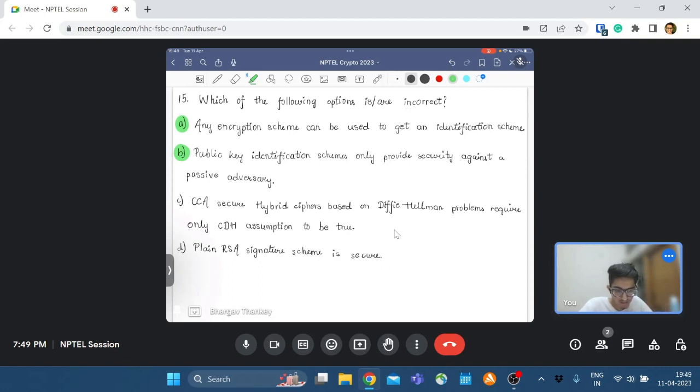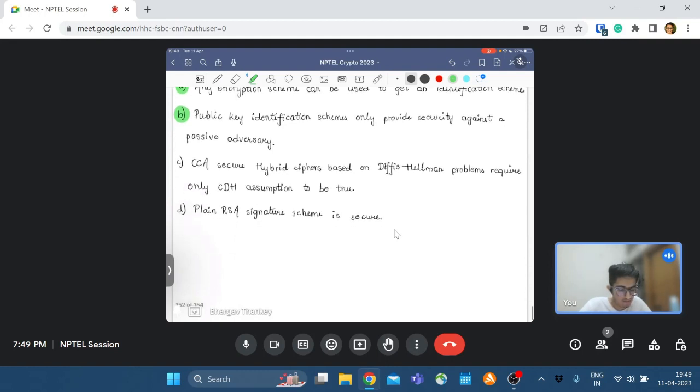Option C: CCA secure hybrid ciphers based on the Diffie-Hellman problem require only the CDH assumption to be true. This is also false because we saw in class that to prove the CCA security of the hybrid Elgamal encryption scheme, we not only required the CDH assumption, but in fact required a stronger assumption, namely the gap CDH assumption.